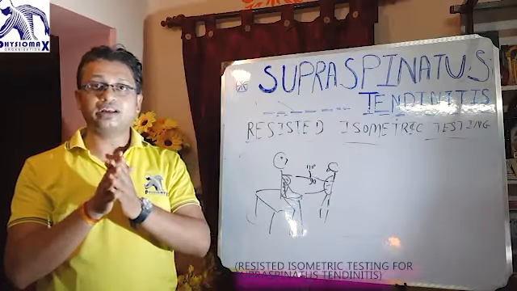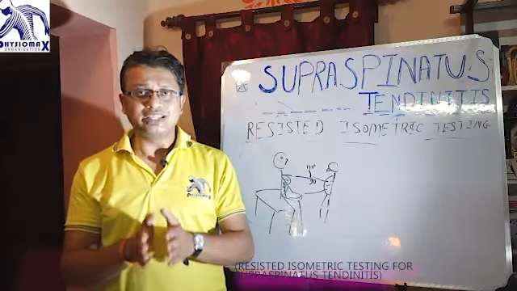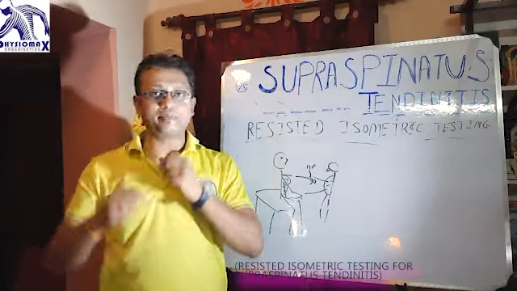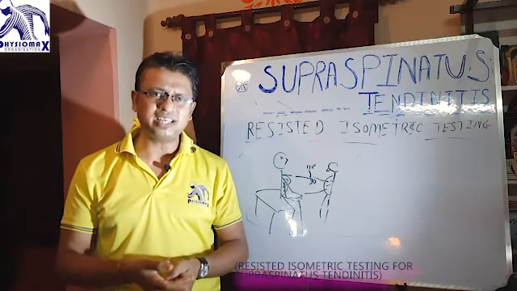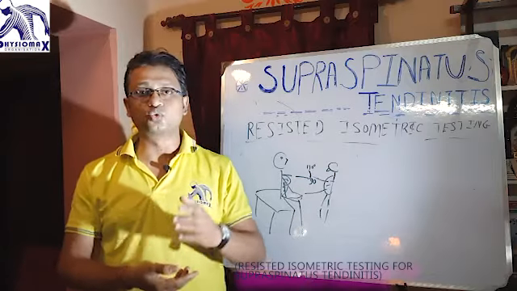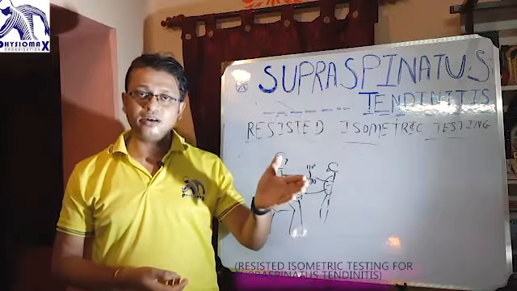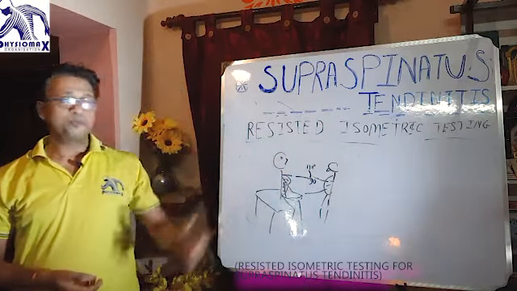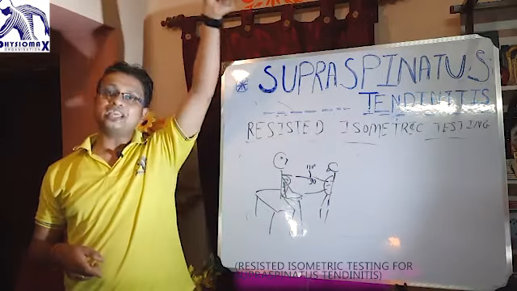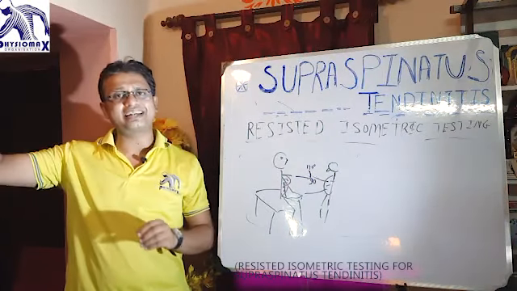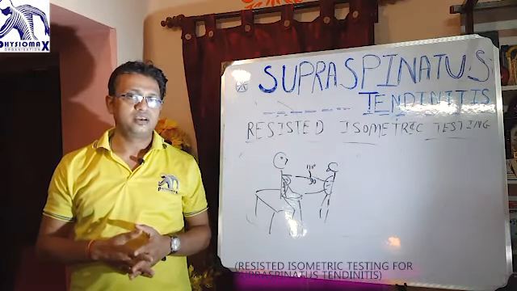So for those who are in a dilemma whether to do the resisted isometric testing or the MMT, I will tell you it is never needed to do the MMT. Sometimes, if it is a chronic condition and the patient has developed weakness of the supraspinatus muscle because of a very chronic injury, you might by that time do the MMT.